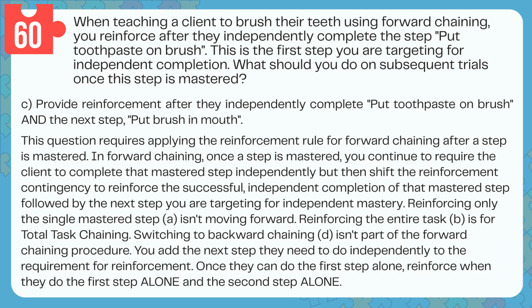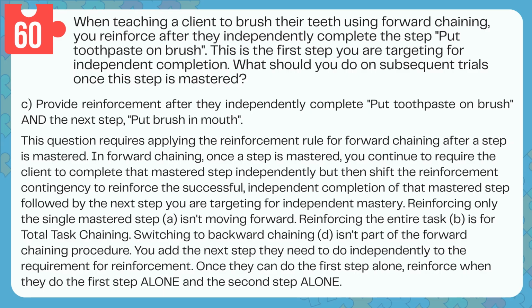Reinforcing only the single mastered step, A, isn't moving forward. Reinforcing the entire task, B, is for total task chaining. Switching to backward chaining, D, isn't part of the forward chaining procedure. You add the next step they need to do independently to the requirement for reinforcement. Once they can do the first step alone, reinforce when they do the first step alone and the second step alone.